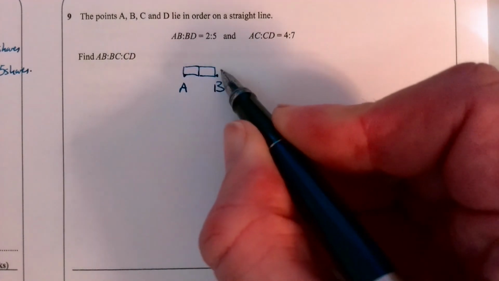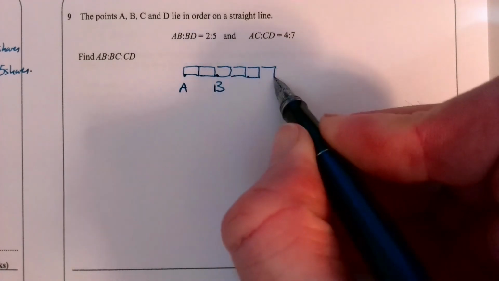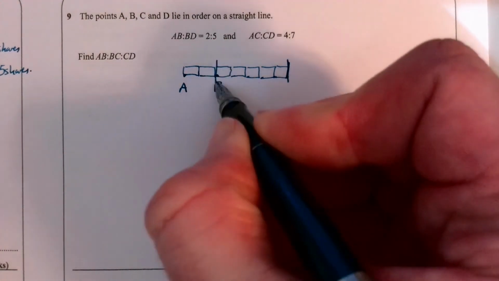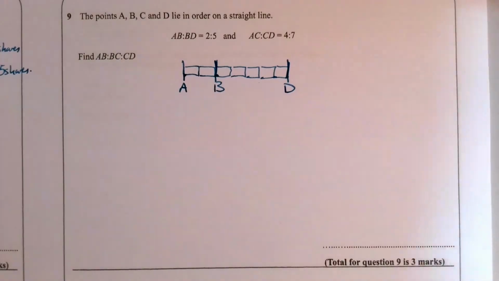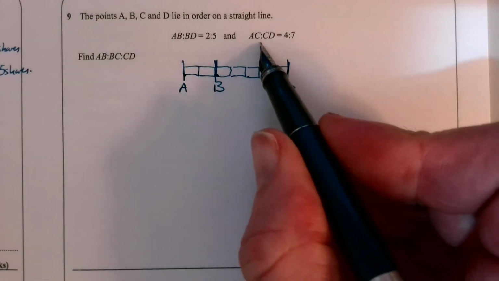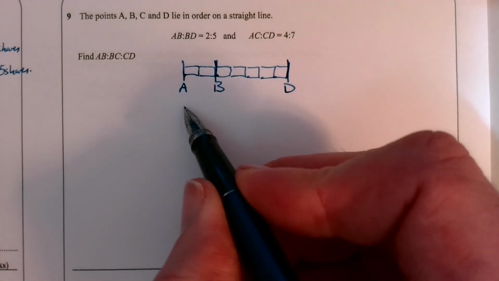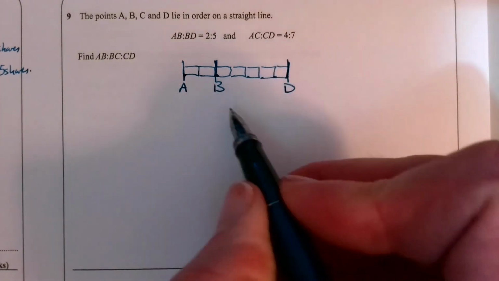And then B to D is 5. 1, 2, 3, 4, 5. So we've got A there, we've got B there, we've got D there. We've got A to C and C to D being 4 to 7.